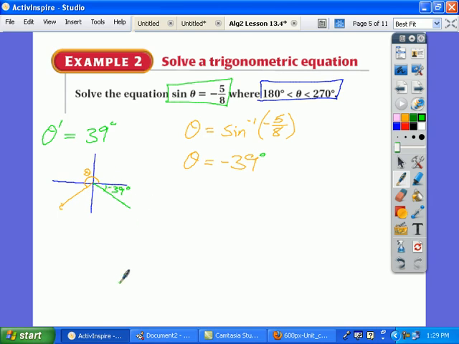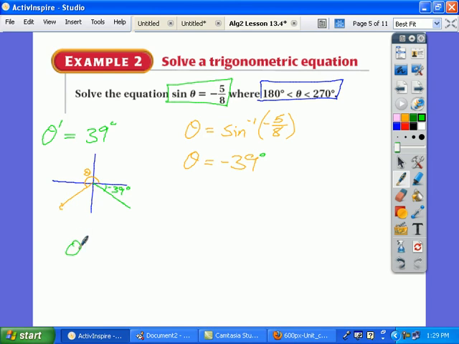So think about it. How did I find reference angles in quadrant 3? What did I have to do? If I gave you the original angle, let's say 210 degrees, what would the reference angle be? You minus 180, so the reference angle would be 30. Well, now I'm going the other way.